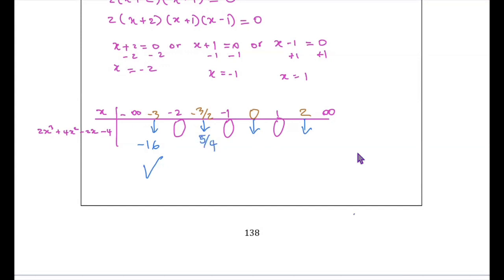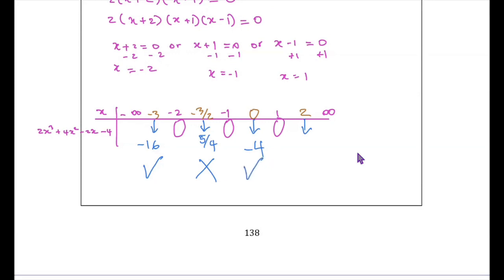So this is not acceptable because I'm looking for values when the expression is negative. And when I plug in 0, the answer is -4. This one is okay. I can take it.